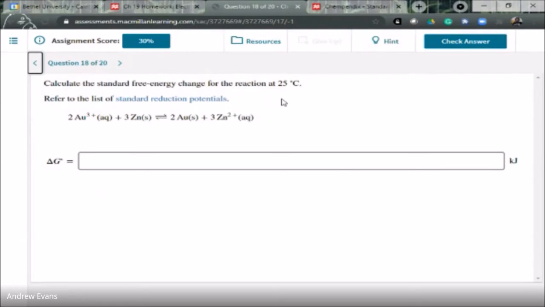Now, on a test, if you're not given the delta G, delta H, or delta S values, and you're asked to find delta G, you have to use the voltages. So I'm writing down my equation. It's done at 25. So delta G equals negative NFE cell. Delta G standard equals negative NFE.